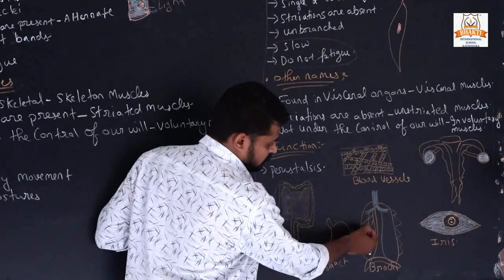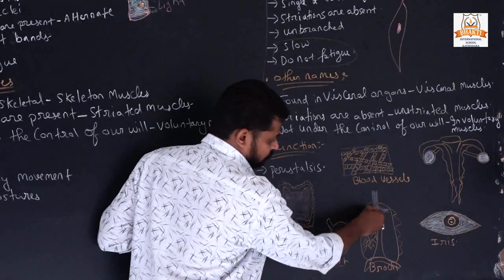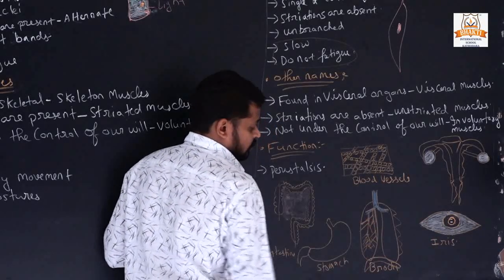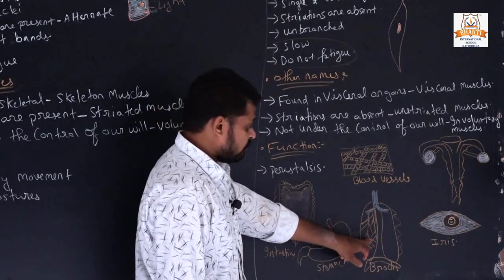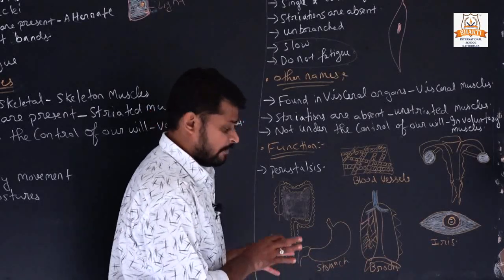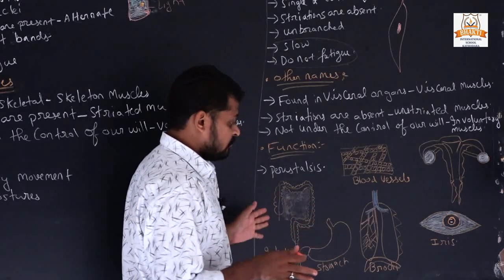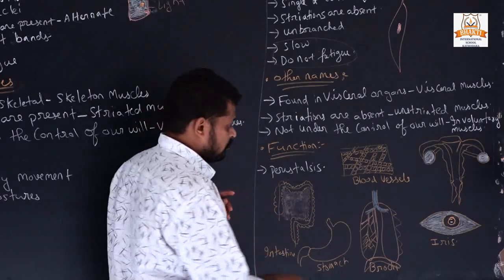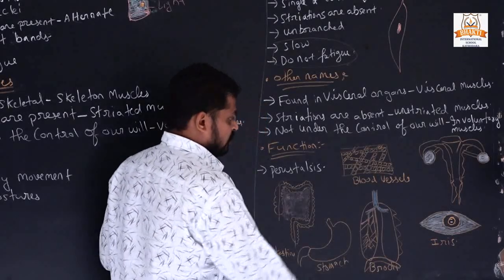In the lungs, these branches you see, that is our bronchi. It branches into different tubules, that is called bronchi.